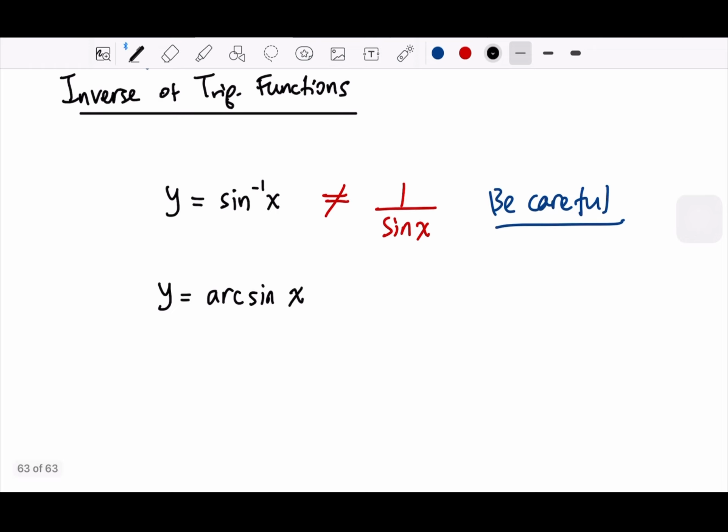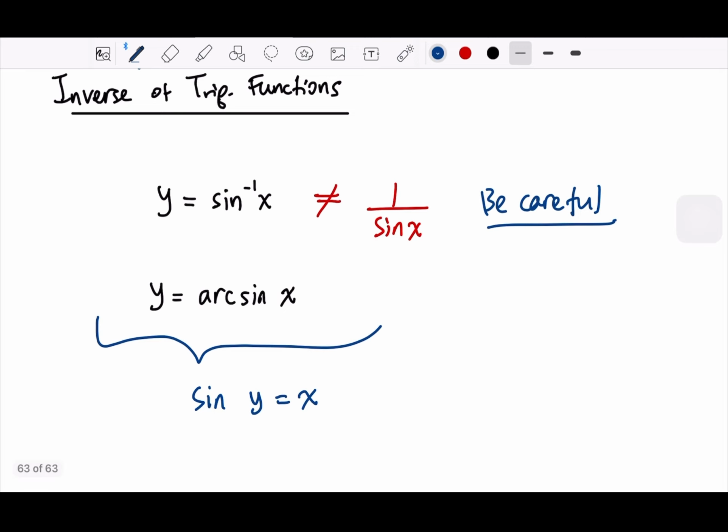The meaning of this inverse is that sine y is equal to x, from this definition. And based on what we know about the inverse, if we want to have an inverse, first we need to prove that the function is a 1-to-1 function, right? You remember chapter 1.